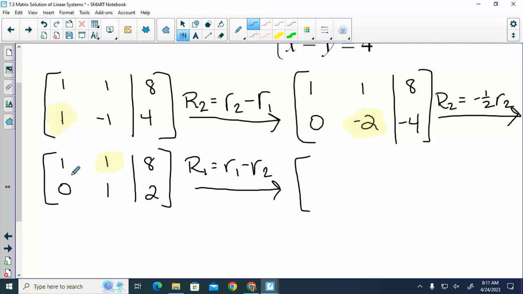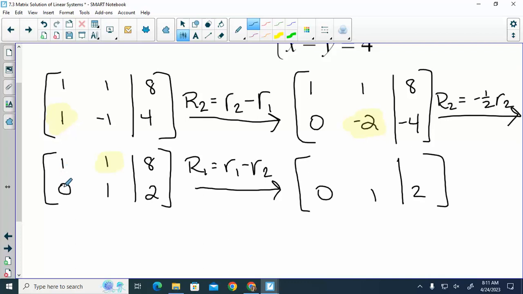What would happen if you did row 2 minus row 1? This 1 would turn into a negative 1, so you would have to then fix that again. So, row 2 didn't change. So row 1 minus row 2.